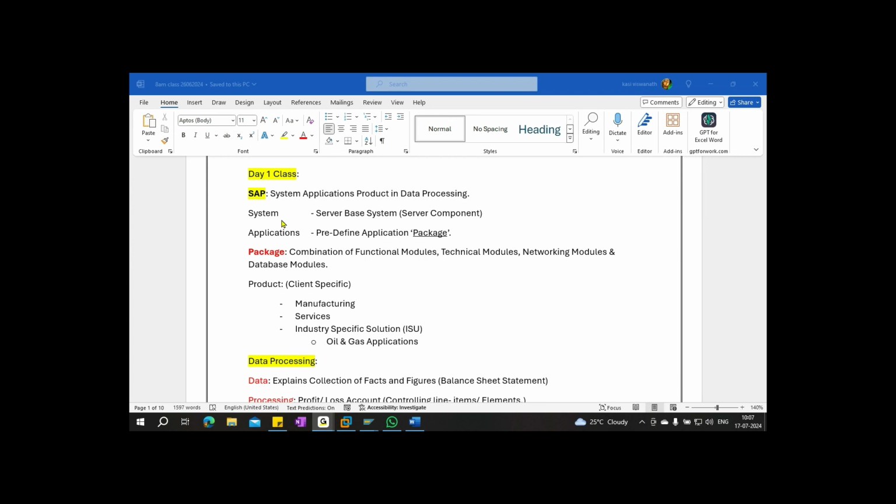Next, heading product. Product explains client specifications.